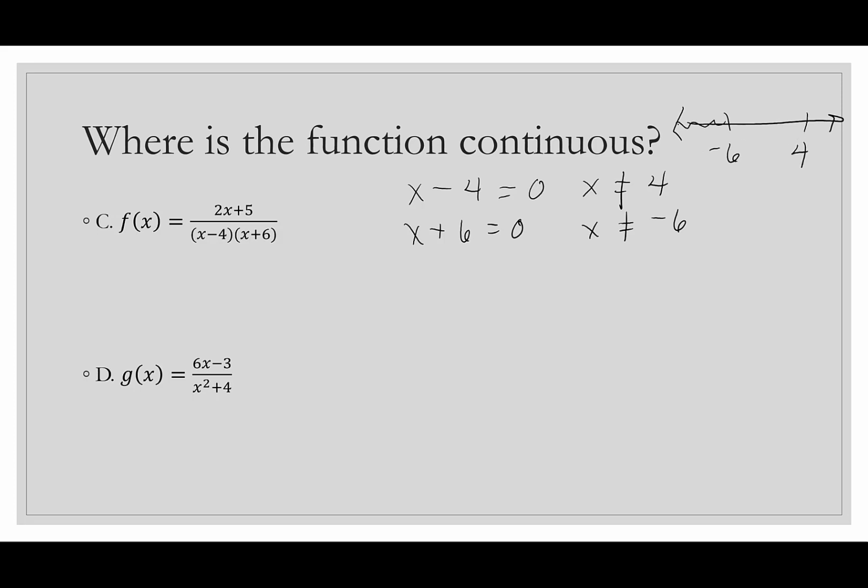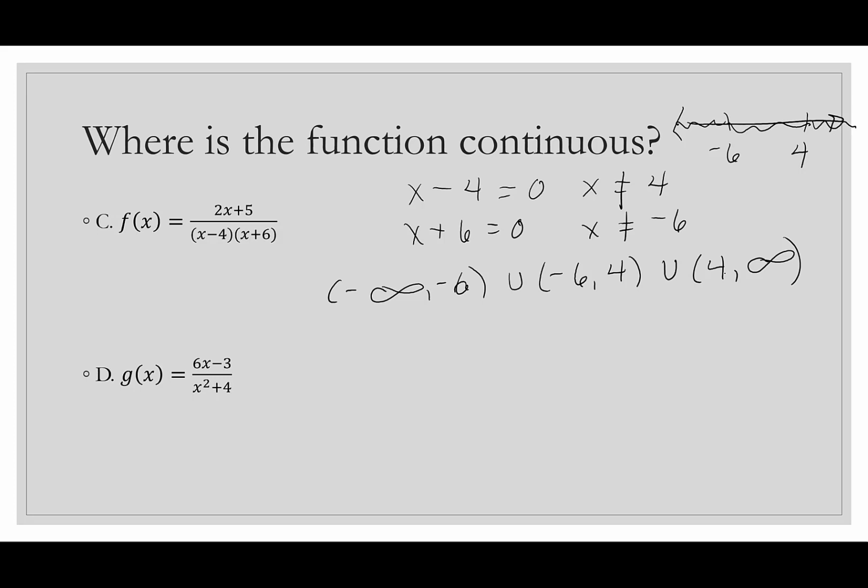So you see you have numbers before negative 6. That's negative infinity to negative 6. You have numbers between negative 6 and 4, so that's negative 6 to 4. And then you have numbers after 4, that's 4 to infinity. It's kind of like one more interval than the number of stopping points you have. So I had 2 stopping points, 4 and negative 6, so I have 3 intervals in my answer.